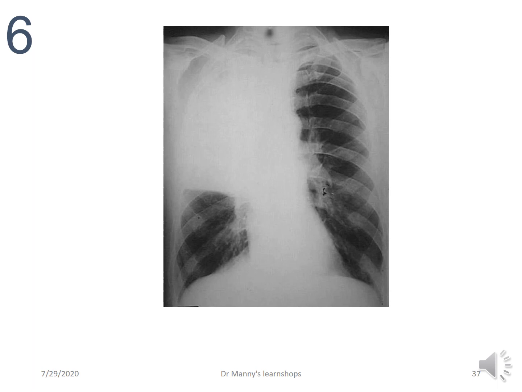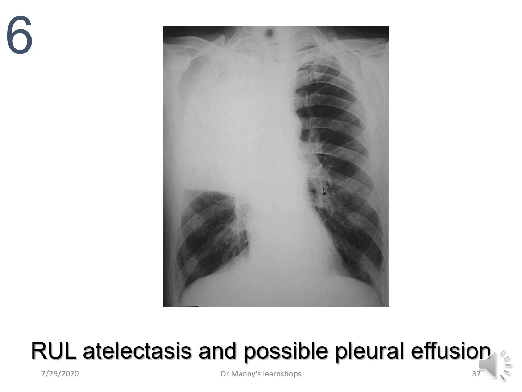This could be atelectasis, which is typically patchy, but I think the film is a little bit underpenetrated, which makes it harder to see. But that's the problem when the film hasn't been taken correctly. But this could be right upper lobe atelectasis with a possible pleural effusion. But you've got to remember the element of underpenetration as well.